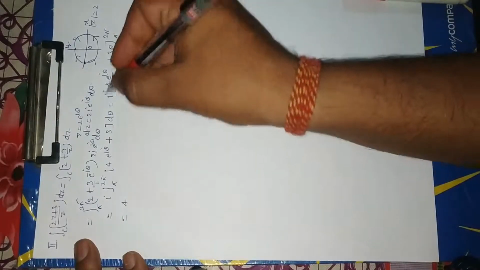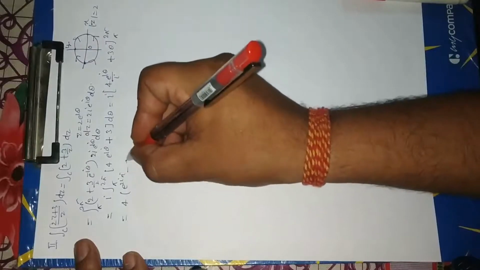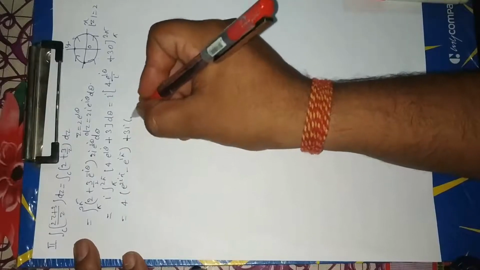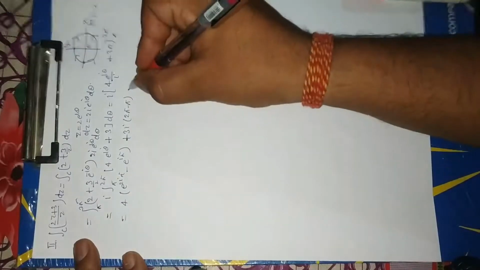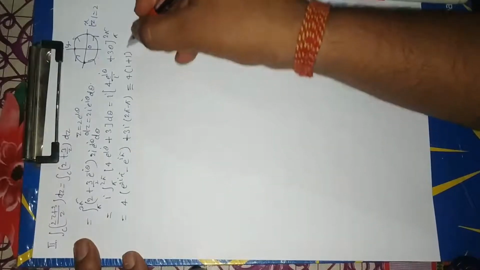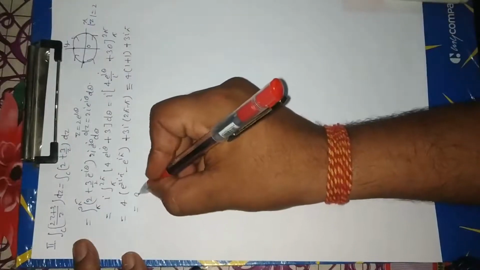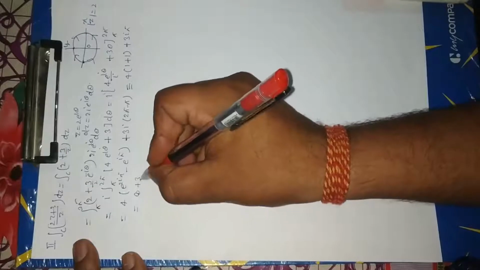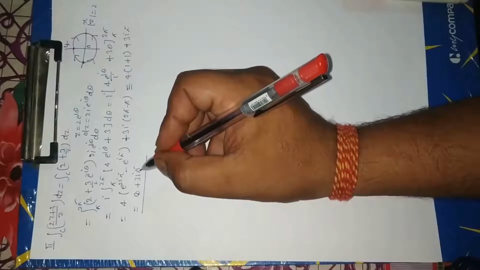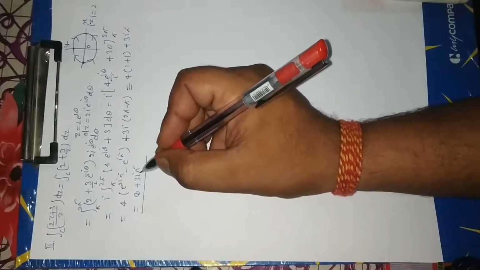Now i cancels, 4 (e to the power 2i pi minus e to the power i pi) plus 3i (2 pi minus pi). This is equivalent to 4 (1 plus 1) plus 3i pi. This is equal to 8 plus 3i pi, the complete value of the integral along the lower half of the circle in the anti-clockwise direction.